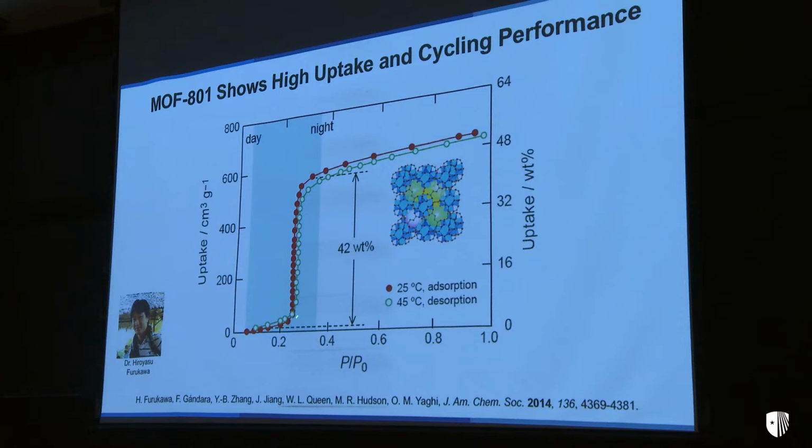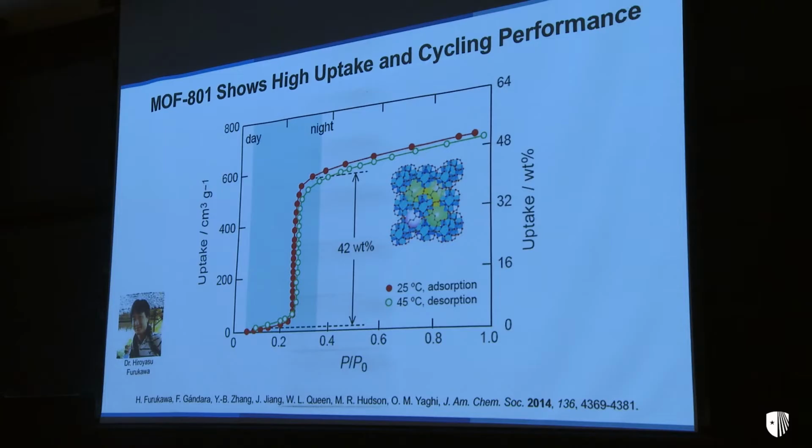We discovered this behavior in red. This is the uptake of water. Now this was amazing to me because it's binding water at levels of humidity around 20%. This is 20% relative humidity. And the next amazing thing was that you can remove it at 45 degrees Celsius.